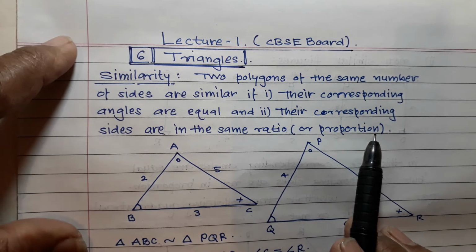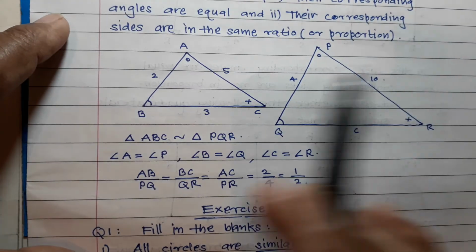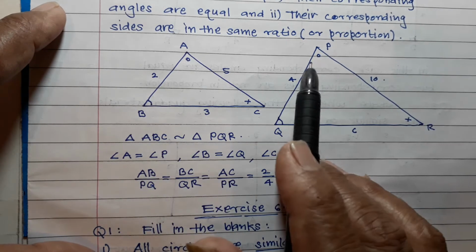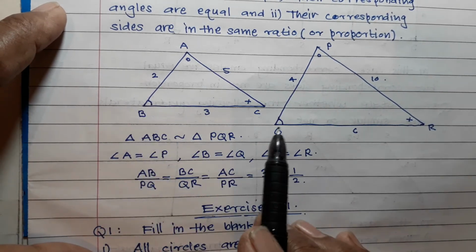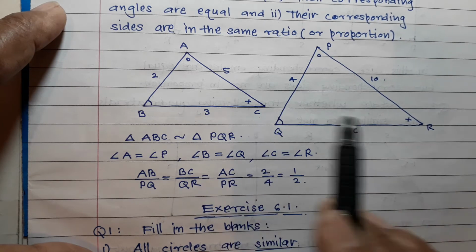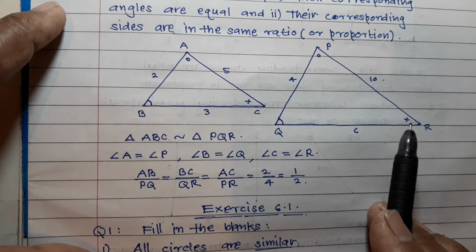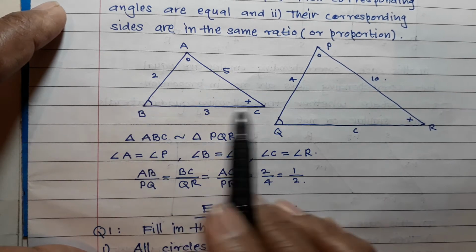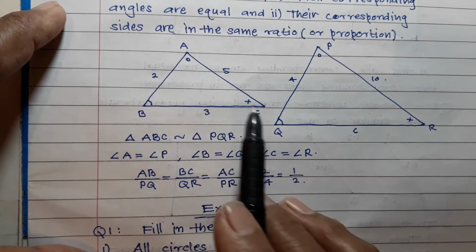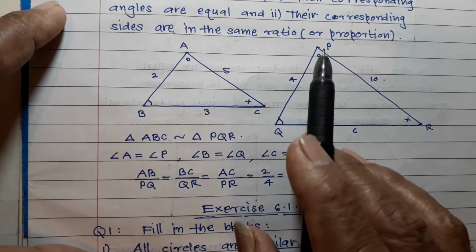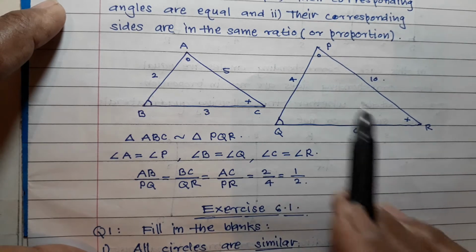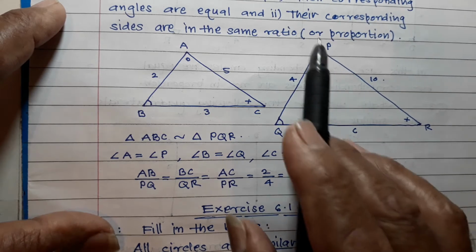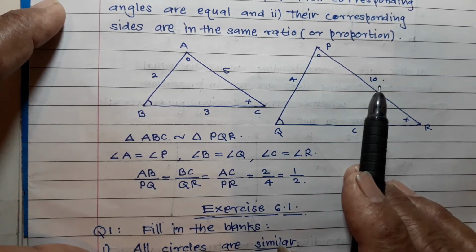so in triangle ABC and triangle PQR, angle A is equal to angle P, angle B is equal to angle Q, angle C is equal to angle R, and their sides AB is equal to 2, BC is equal to 3, AC is equal to 5, and in triangle PQR, PQ is equal to 4, QR is equal to 6, and PR is equal to 10.